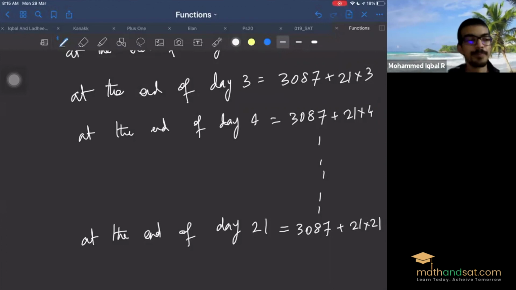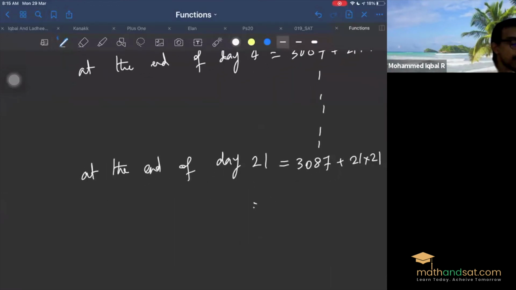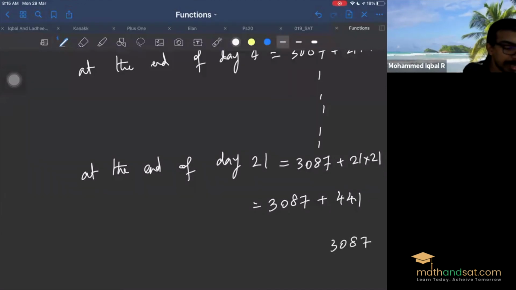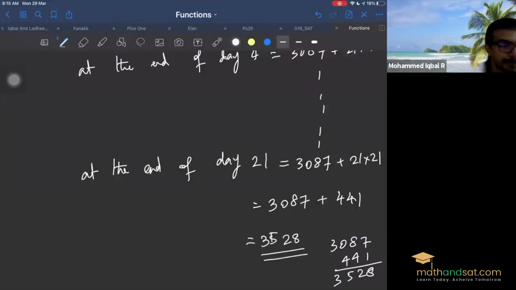Is that okay? So this is 3087, and 21 times 21 is 441. We just do the math and get the answer. That is going to be 3528. 3528 is the answer.